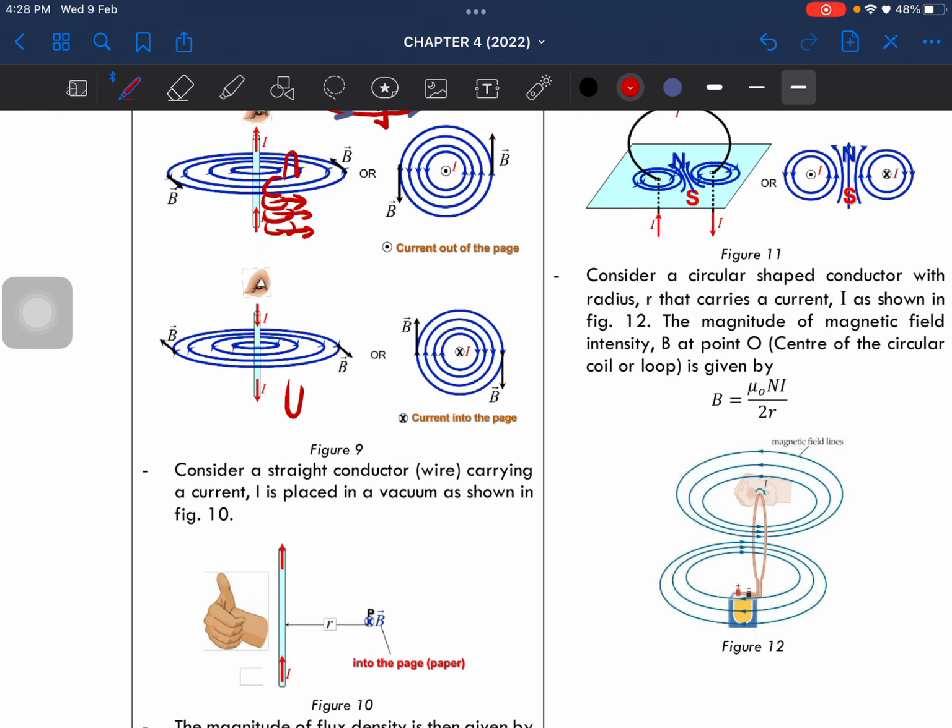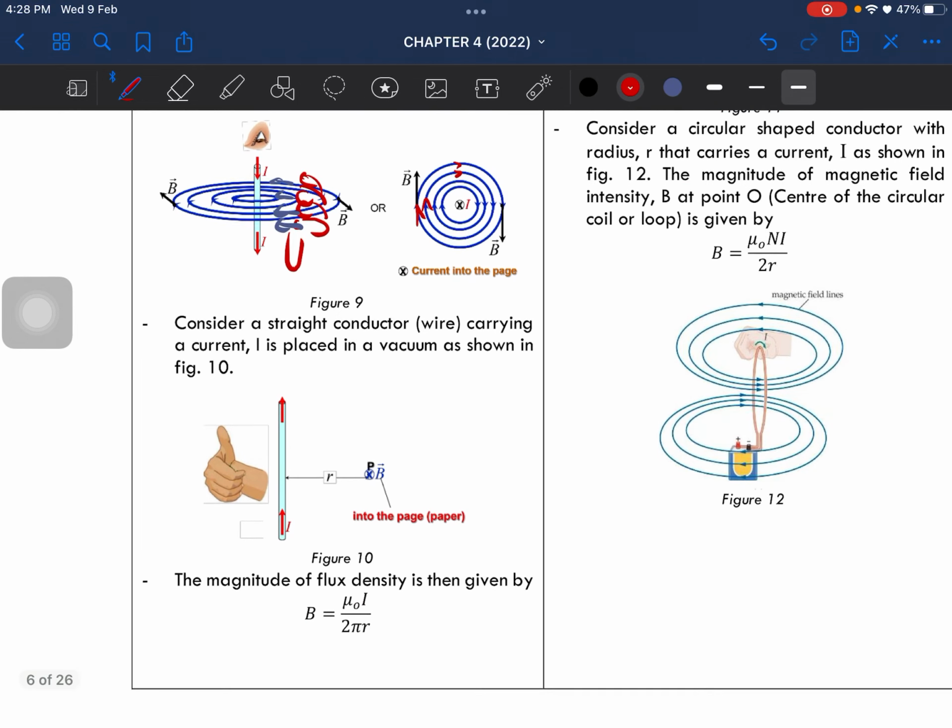So the magnetic field is this way. So it is clockwise. That is why the direction here is clockwise. So that is for current into the page.